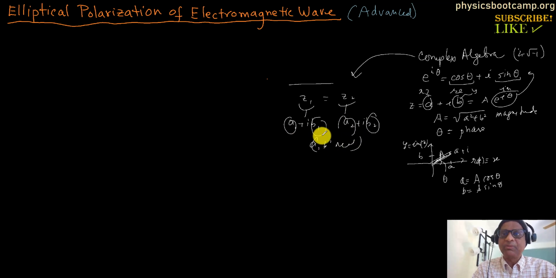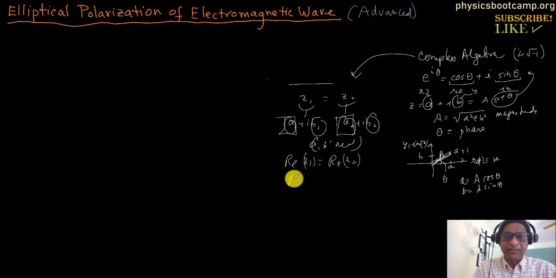Then this kind of equation says the real part of this must be equal to the real part of that. So the real part of z1 equals the real part of z2, and the imaginary part of z1 equals the imaginary part of z2.